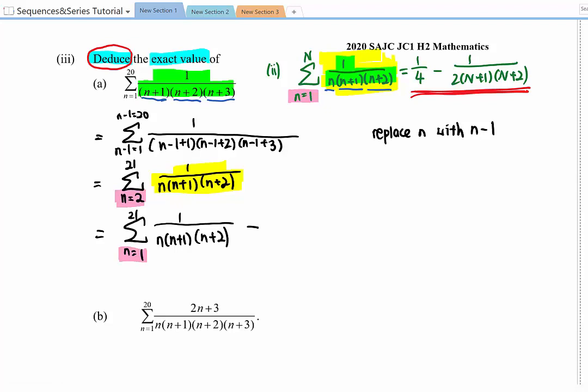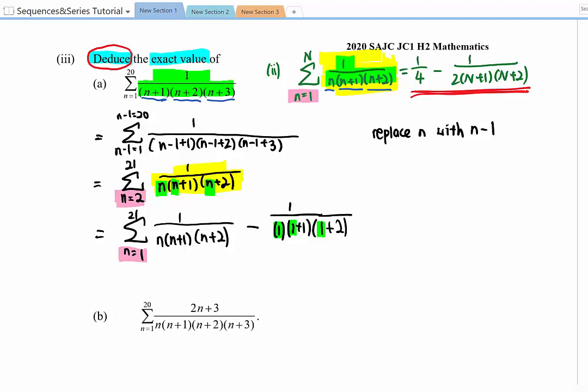Well, for the first term, n will be equal to 1. So we will have 1 over 1, then 1 plus 1, which gives us 2, and then 1 plus 2. Okay, this is the first term. Makes sense because we are basically just replacing our n, in this case, with 1, right? Because it's the first term.